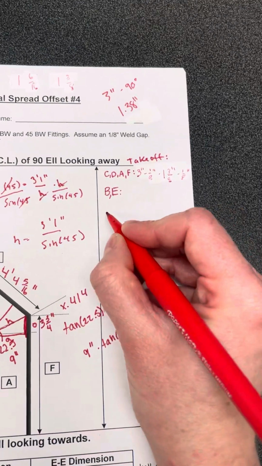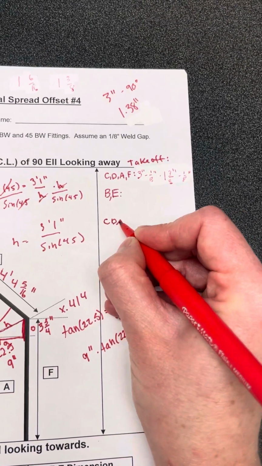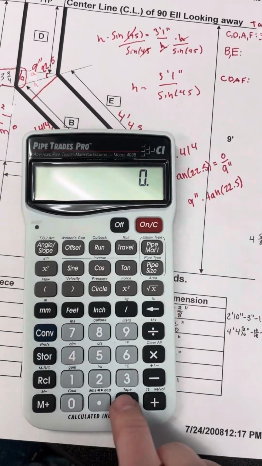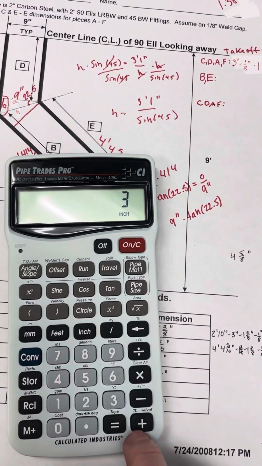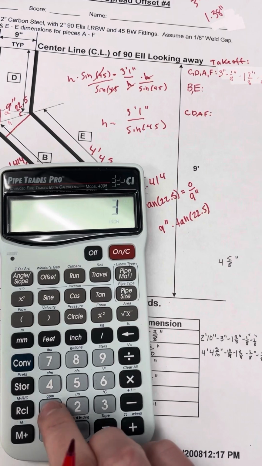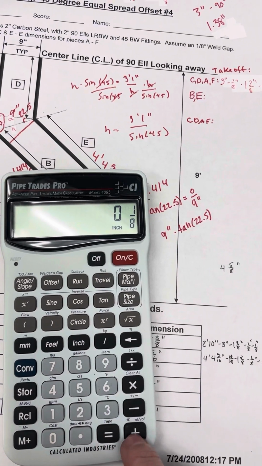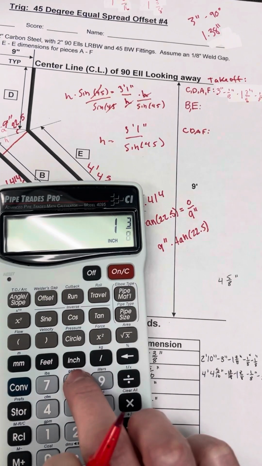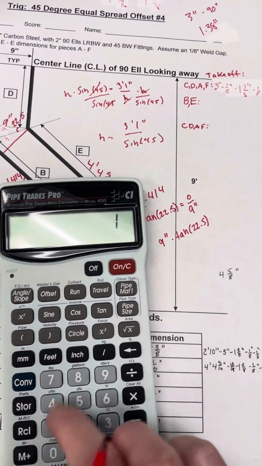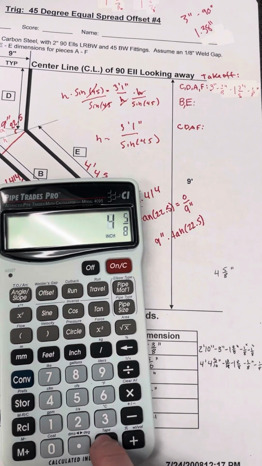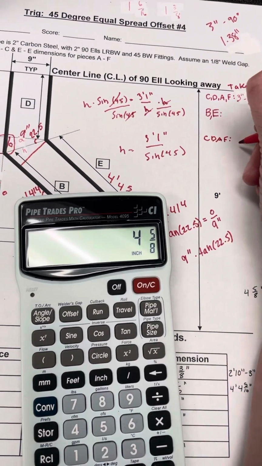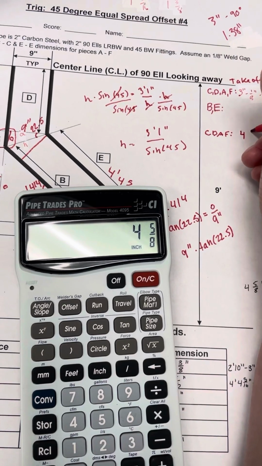Okay, so the total takeoff for C, D, A, and F is going to be 3 inches plus 1/8 of an inch plus 1 inch and 3/8 plus 1/8 of an inch. So we should get 4 5/8 is how much we're going to take off of all of those vertical pipes.